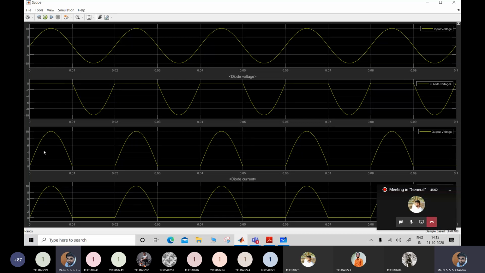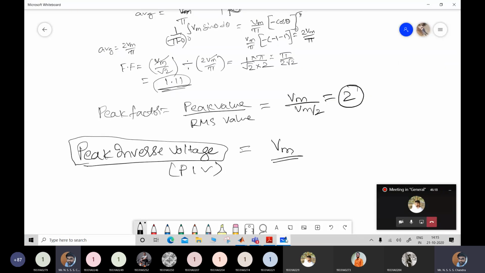So ripple factor is nothing but the ratio of the ripple voltage by the average value, or I can say that it is V AC RMS by V DC.